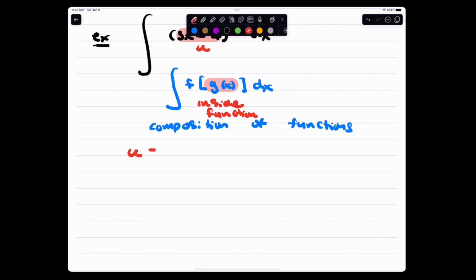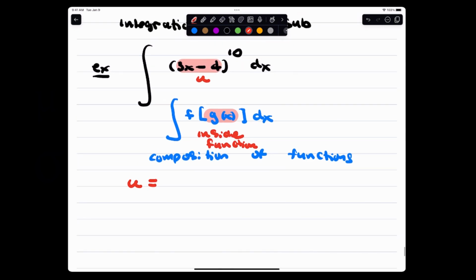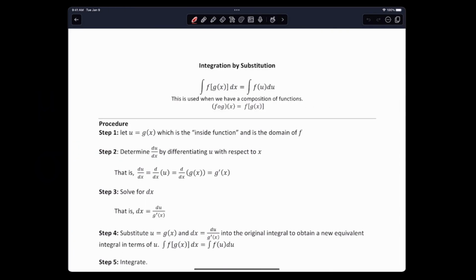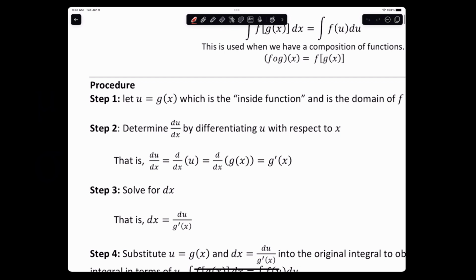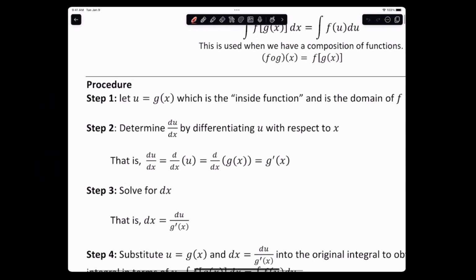Yes. U here is going to be 3x minus 4. That's our u. If I look at that worksheet I downloaded for you guys, I'm really going with what I described in step 1. Your u, just like for chain rule, would be that inside function g.